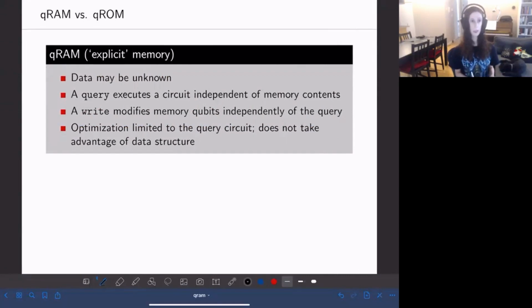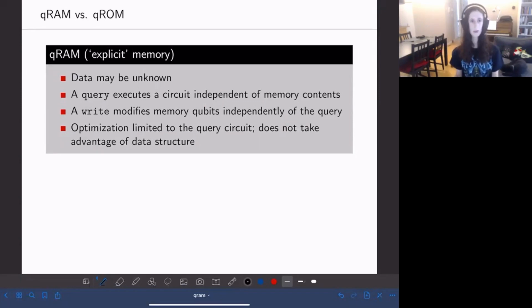Now that's a qRAM. In a qRAM, similar to classical RAMs, we have actual data stored in physical qubits, and those physical qubits are being queried and coupled with the qubits that are doing the qRAM query. In our original paper, we called this an explicit memory because it was explicitly stored.